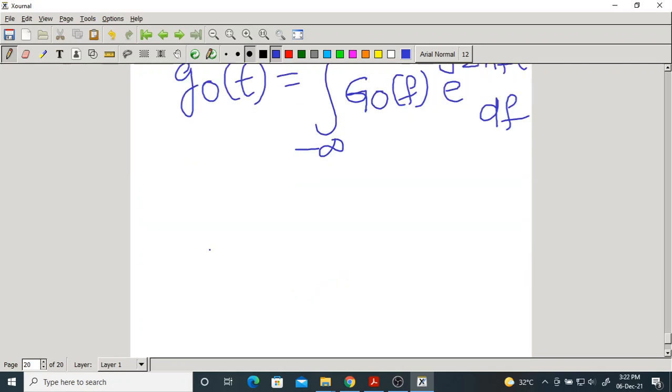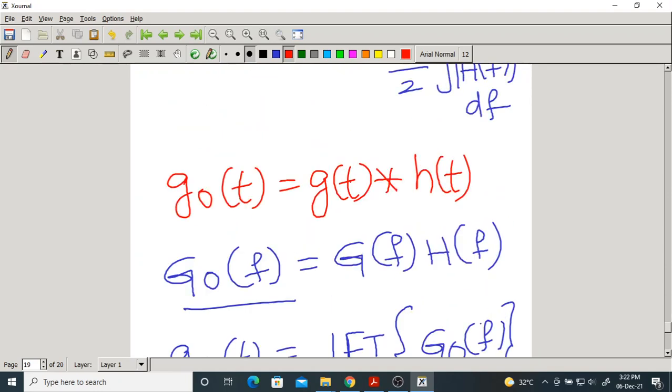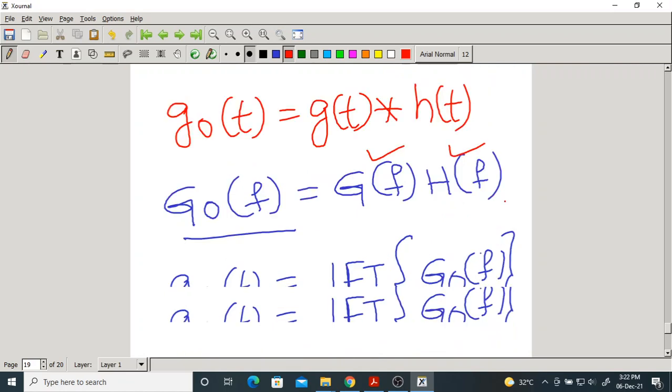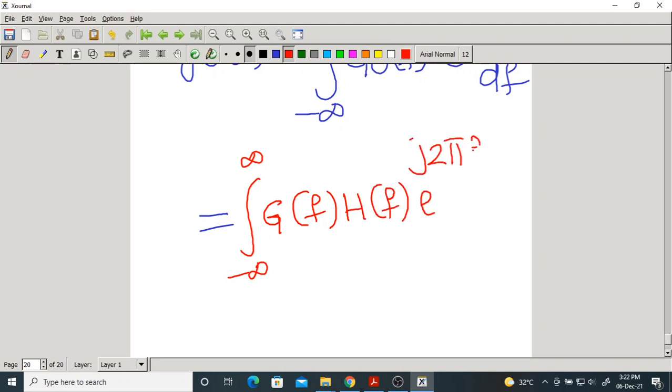So what is G naught of f? Integration minus to plus infinity. G naught of f is G of f into H of f. So the integral of G of f into H of f e power j 2 pi f t df is G naught of t. But what do we want?